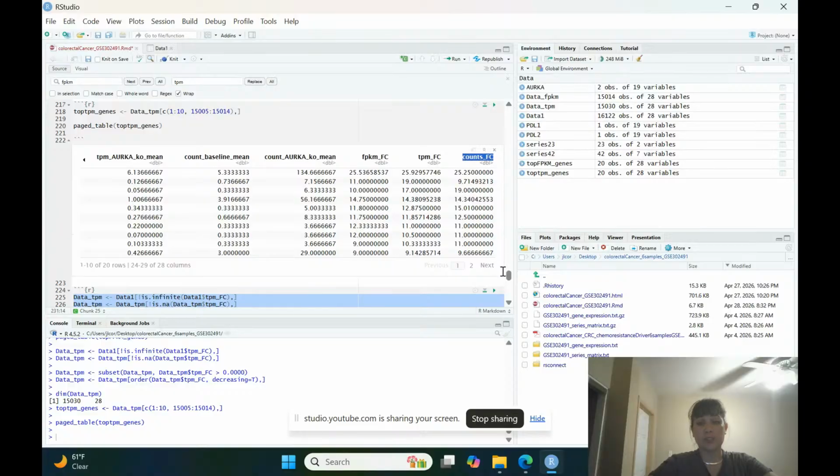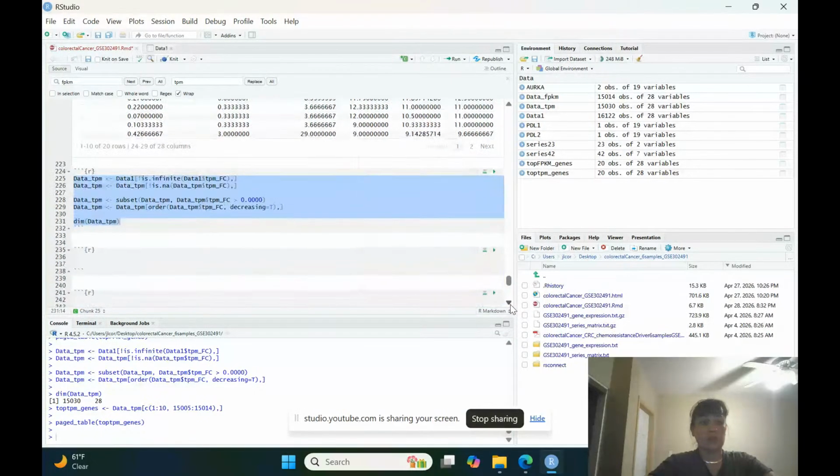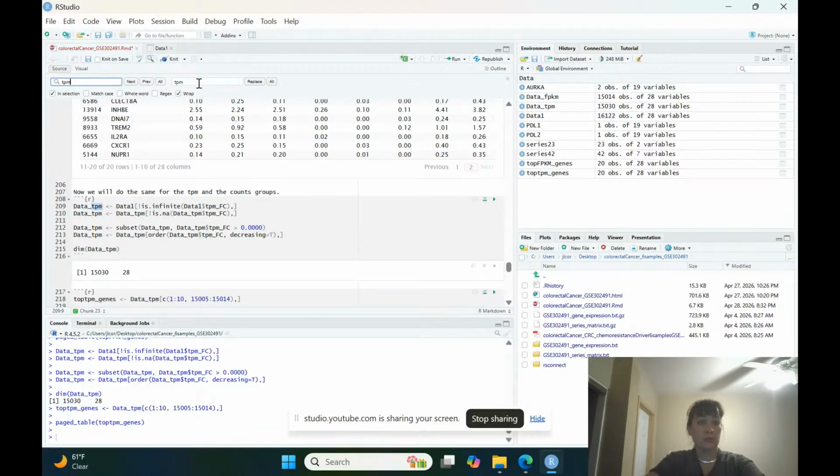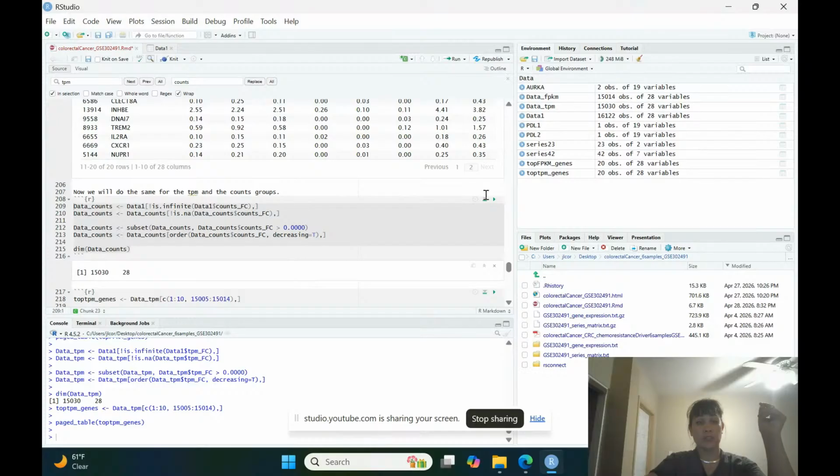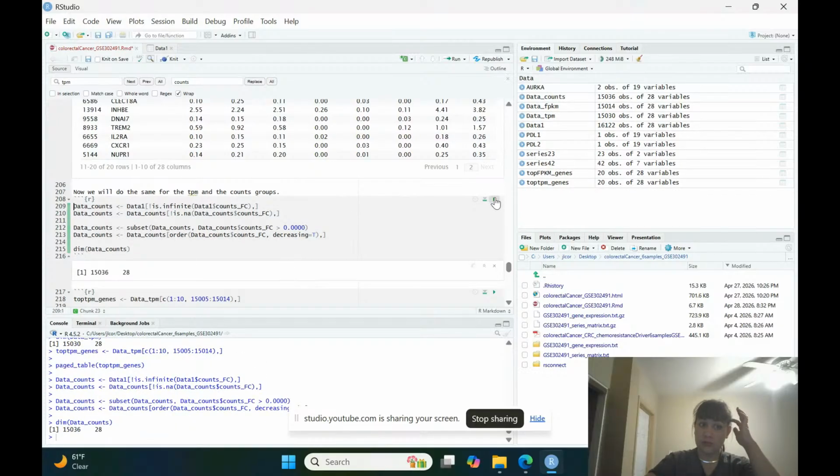Counts FC. Okay, good. In the selection, it's going to replace TPM with counts. All right, let's make sure it's selected. Put in the selection, replace all 15 occurrences. That sounds right. Let's run that.